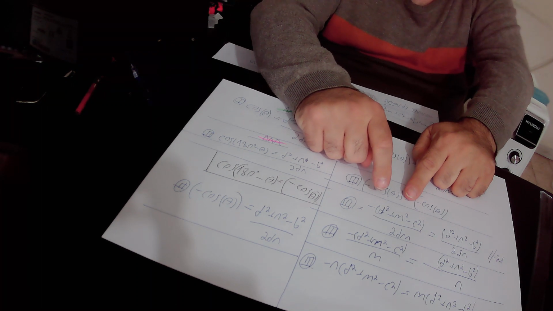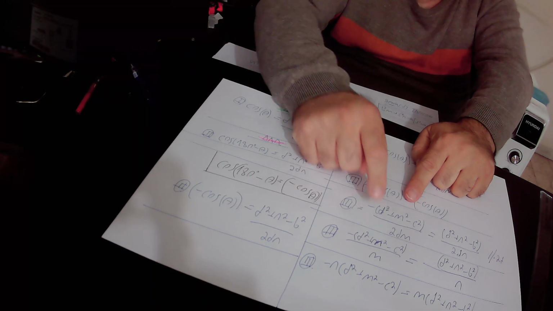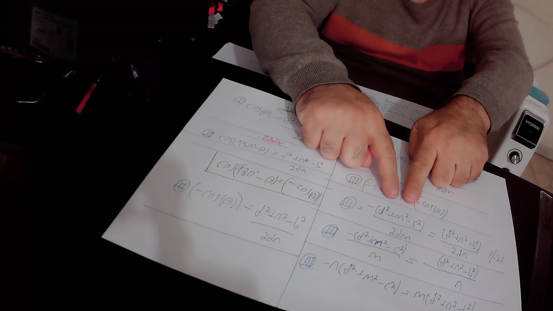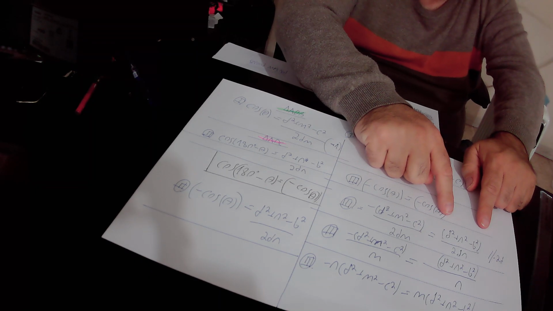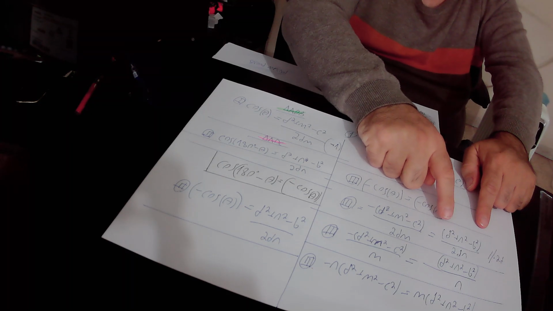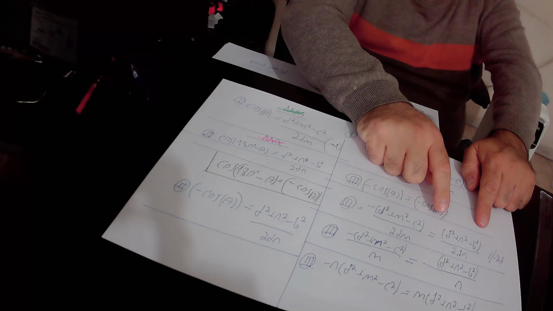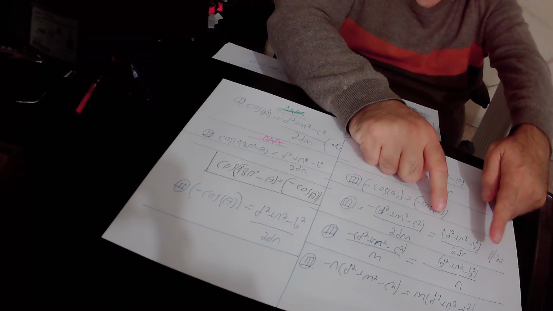So in the denominator of this side we are left only with m. The numerator didn't change. It remains as minus d squared plus m squared minus c squared. Then we multiply this side of equation number 3 by 2d. So here 2d over 2d is 1, so in the denominator we are left only with n. The numerator didn't change. It remains d squared plus n squared minus b squared.